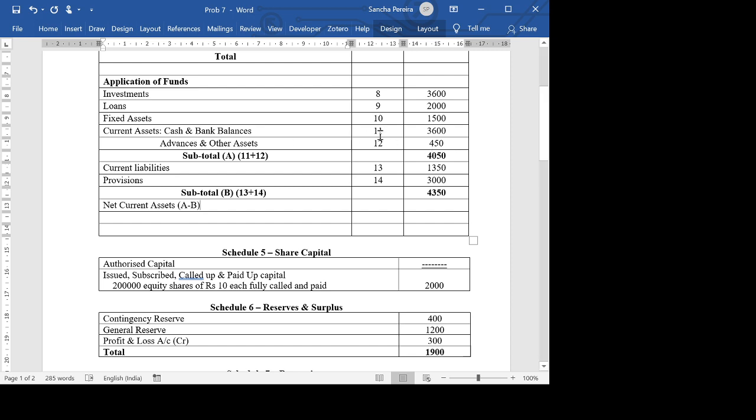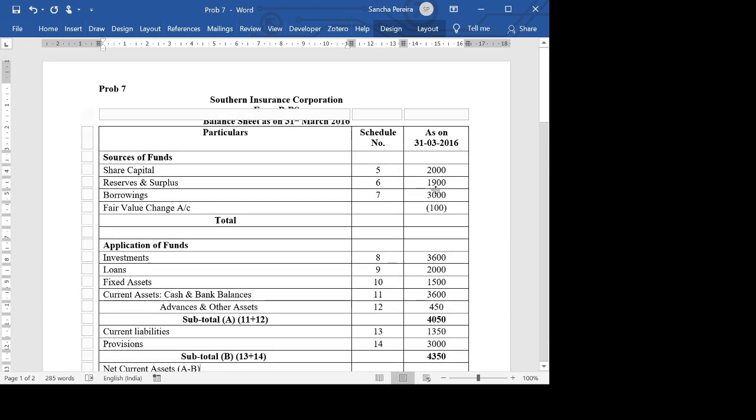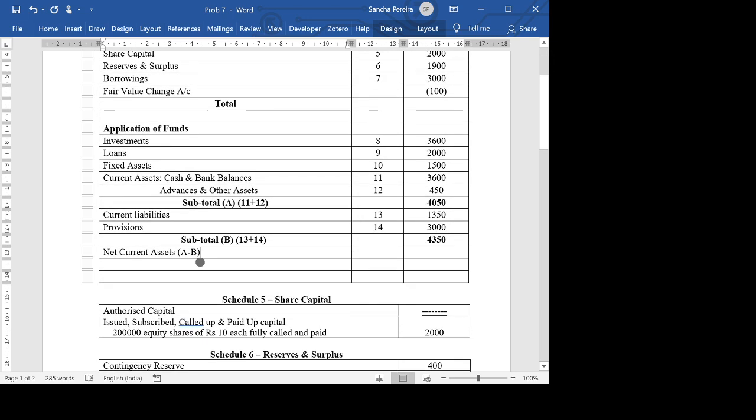Both these items come under current assets. Assets show debit balance or credit balance? All assets show debit. If liabilities show credit balances, what do assets show? Investments, loans, fixed assets, do they show debit balances or credit balances?